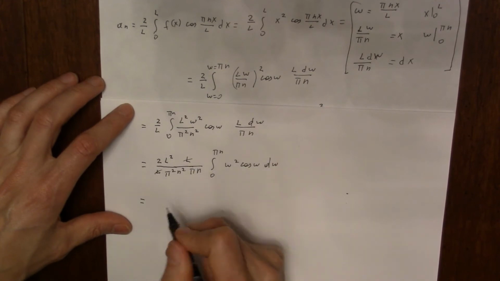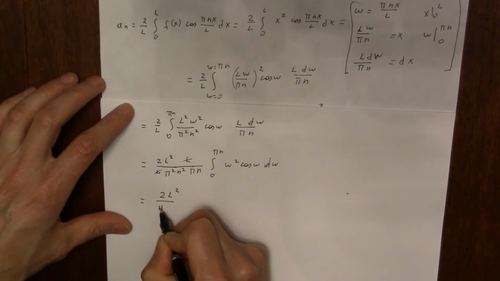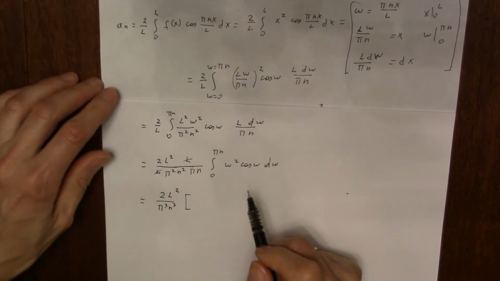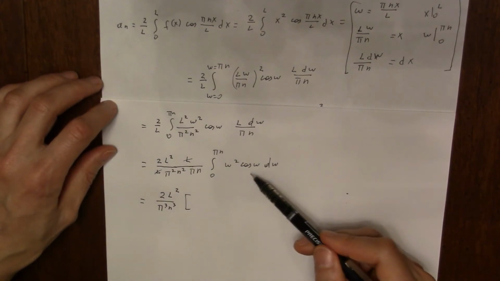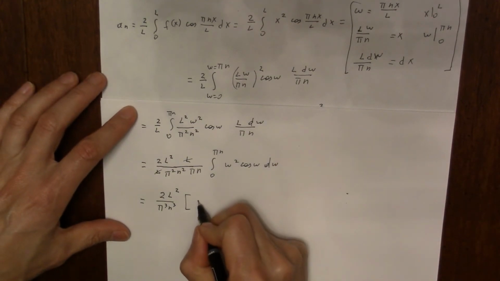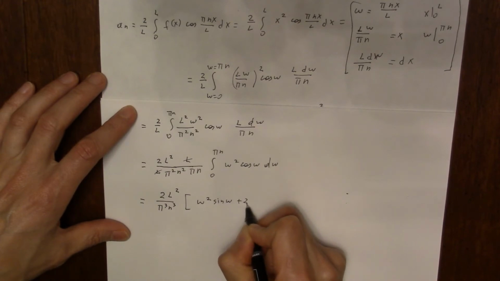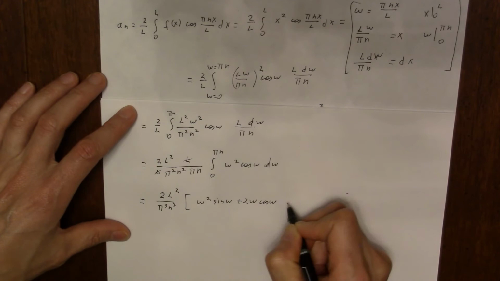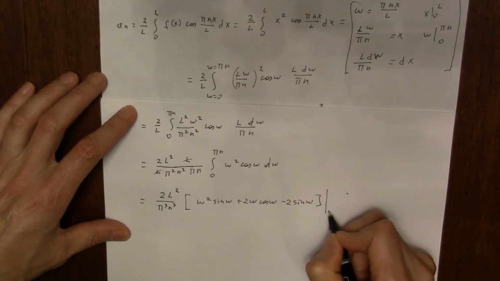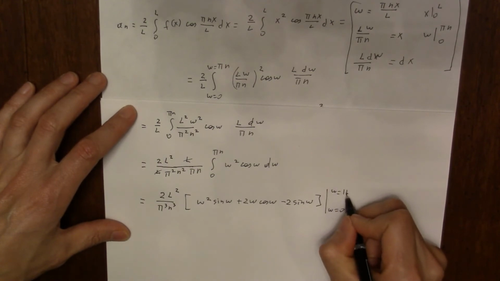L and L will be canceled out, so we have 2L squared, and we have pi cubed and n cubed on the bottom. We already calculated the integral of W squared cosine of W just a second ago. It was equal to W squared sine of W plus 2W cosine of W minus 2 sine of W, evaluated from W equals 0 to W equals pi n.